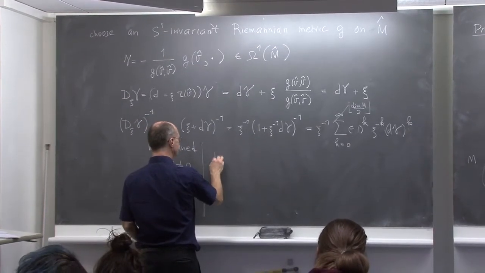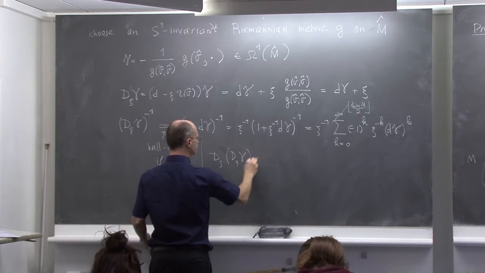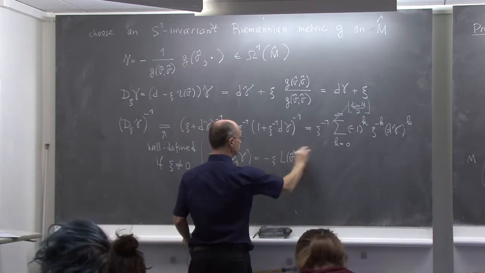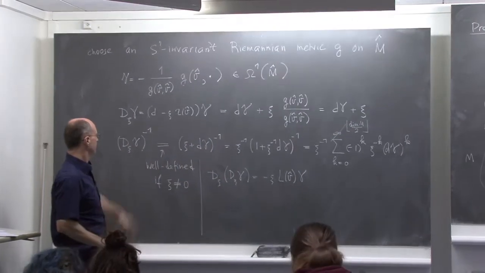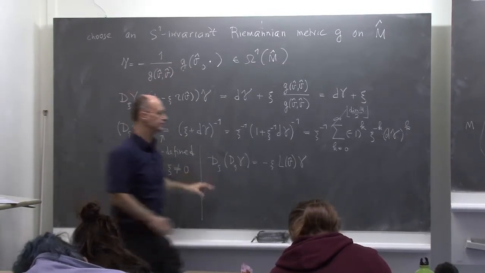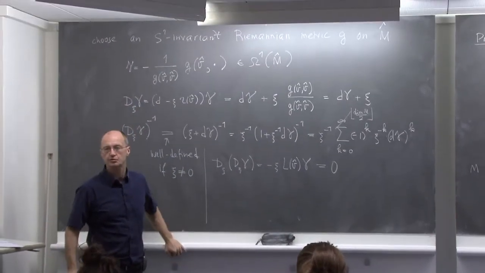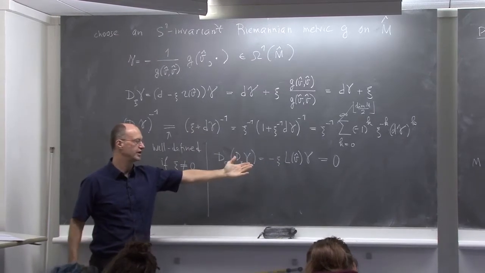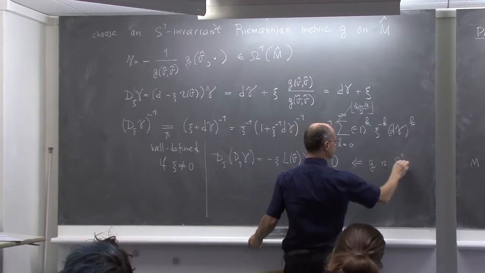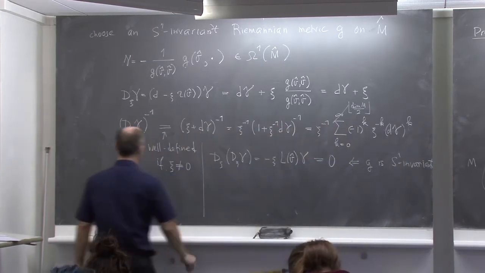One more remark. d_ψ γ, we know that this is minus ψ L_v hat γ. And since g was S¹ invariant, this means that the Lie derivative with respect to v hat, so with respect to the S¹ action, will be 0. So that's because g is S¹ invariant.